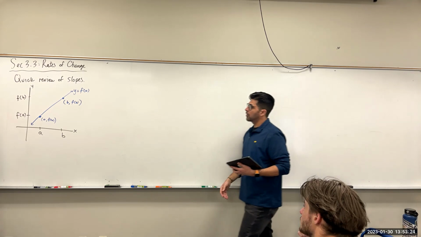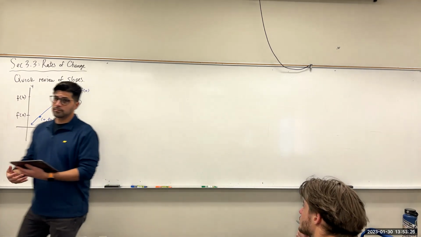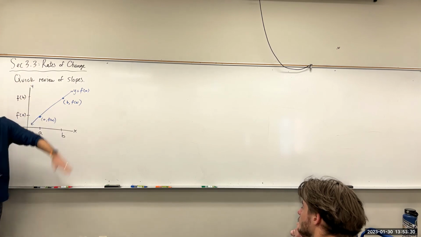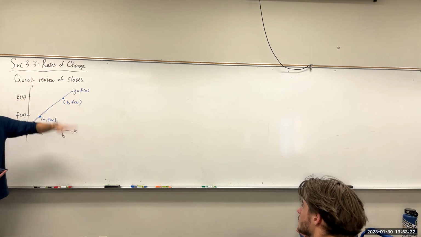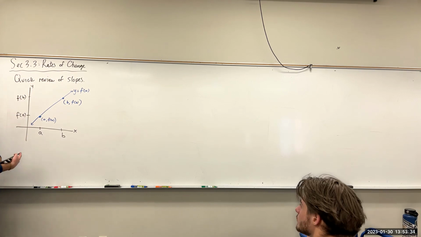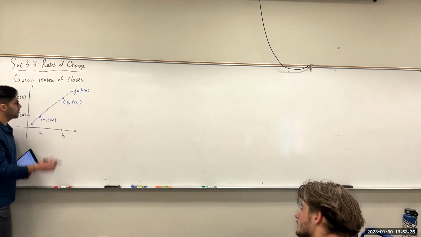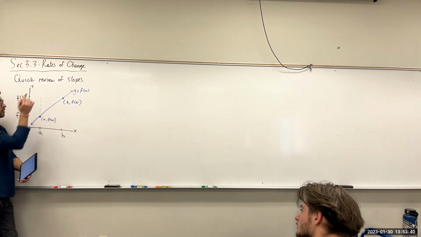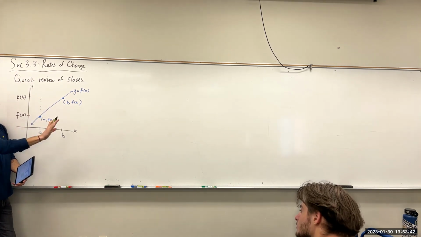And so when you guys are learning slopes, you're talking about lines and how they're inclined, the rate at which they're being inclined. That's where you learned something called rise over run, as you go from left to right.